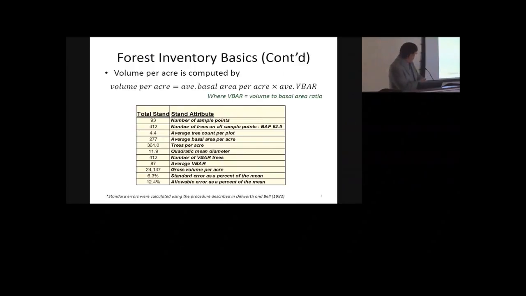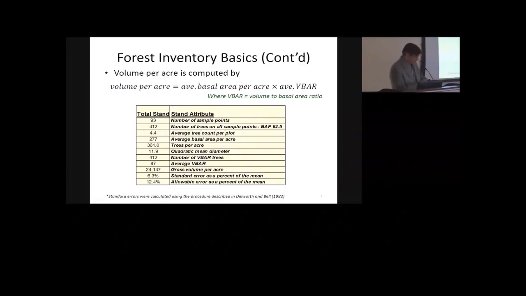Now, the average basal area per acre is something that we get from our smaller basal area factor, the one that we're cruising to get our basal area trees. Every tree in the cruise is used. Now, the V-bar is the quantity that we get from using that larger basal area factor if we choose to use it. We could also use the same basal area factor that we use to get basal area.